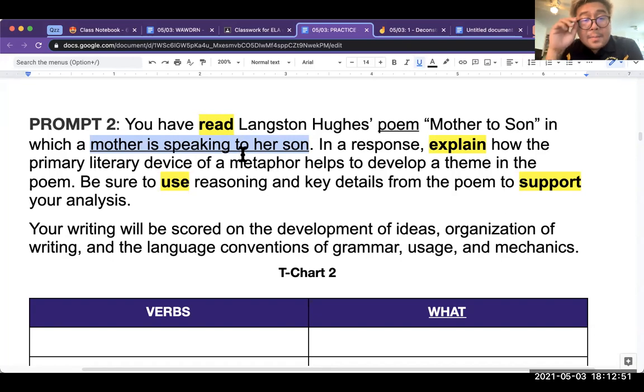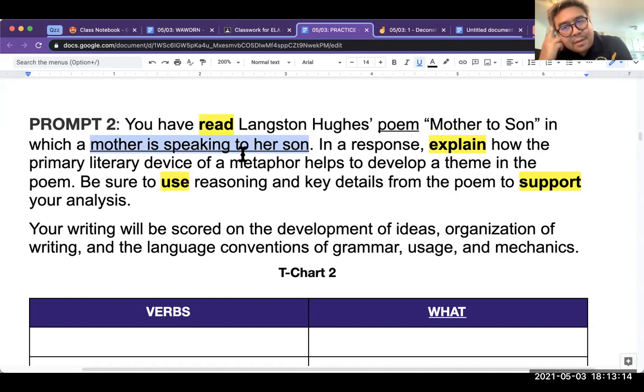I underlined that because in my mind, it's kind of giving me an idea of point of view, right? Who is the narrator in this poem? This little detail is telling me that the narrator is the mother, okay? And that the mother is speaking to her son.